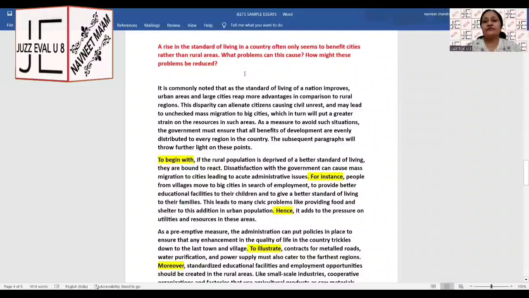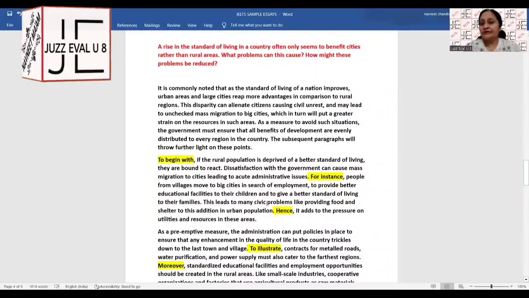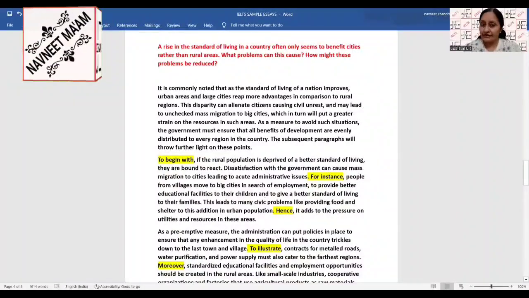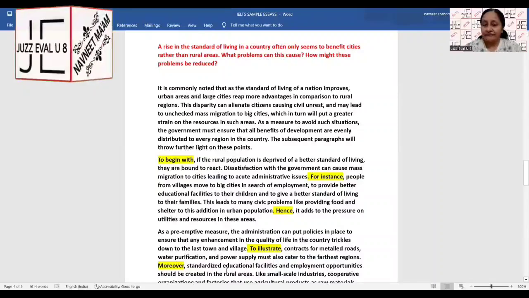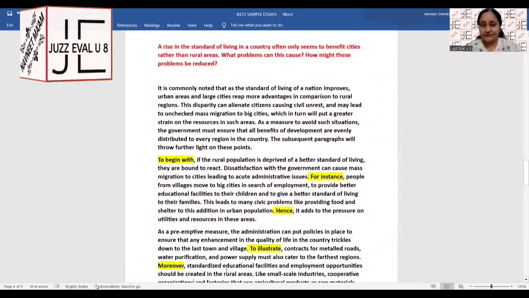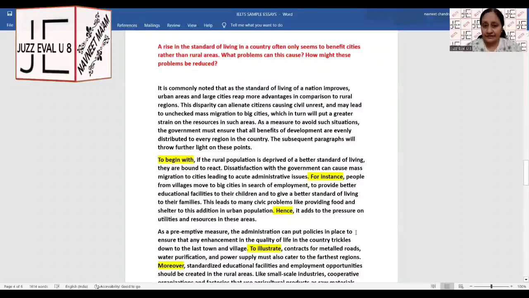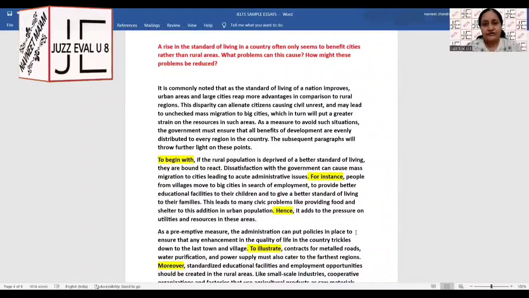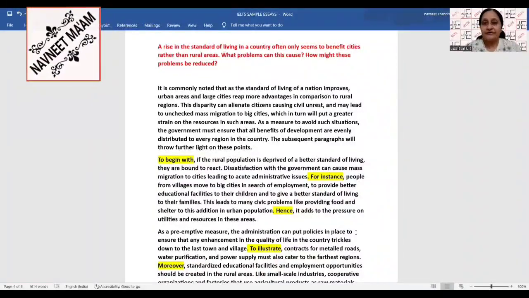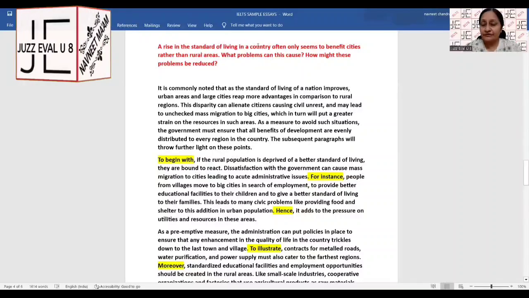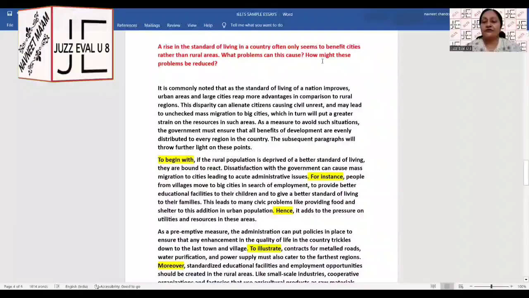So here you have to discuss the problems in the first main body paragraph, and in the second body paragraph, discuss the solutions. So it's a very simple essay where your opinion is not asked. You're just being asked the problems related to this statement and the solutions that you can provide.